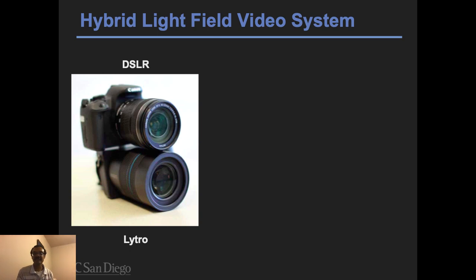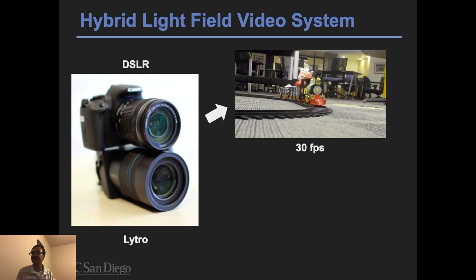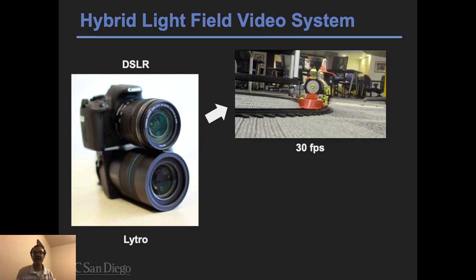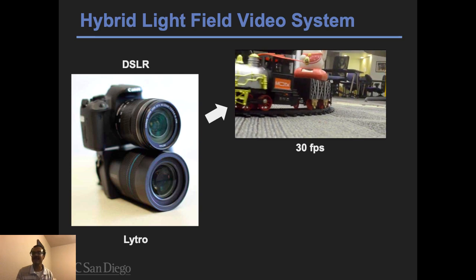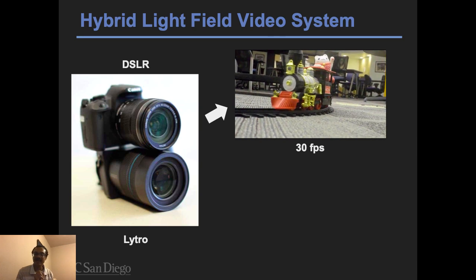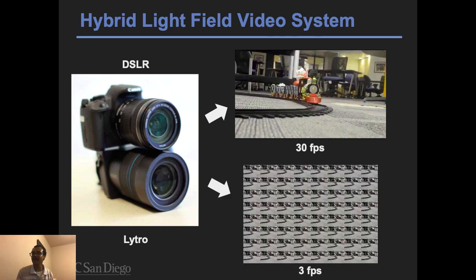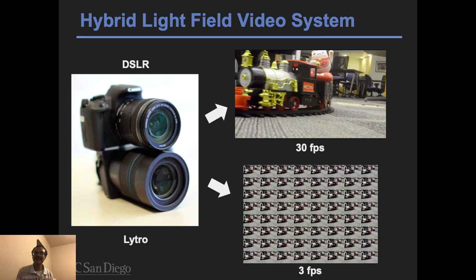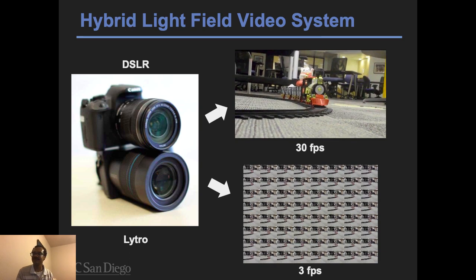On the other hand, if you take a standard digital SLR camera, it can acquire video at 30 frames per second, but only from one viewpoint. So the question is, can we combine the DSLR camera and the Lytro camera, which has 3 frames per second light field, to get a 30 frames per second light field?